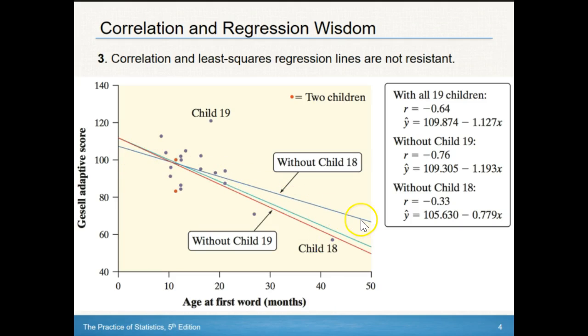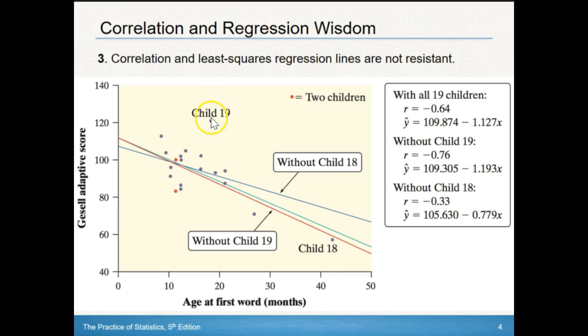It's very, very different. And if we look up here at the equations, we see with all the children, there's the R, there's the prediction line. If we look without child 18, the R is very different, much smaller, correlation is much weaker, and the prediction line is much changed. The y-intercept is different, and the slope is certainly very different.